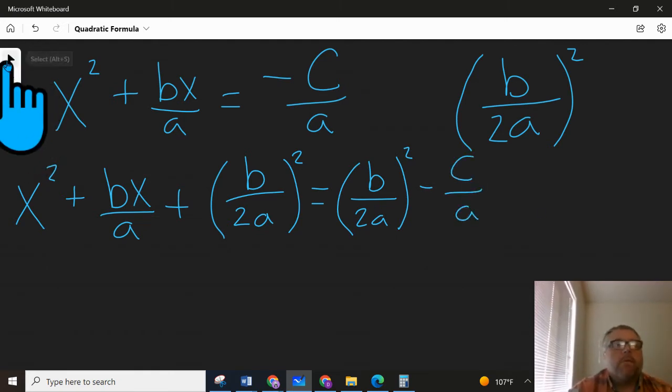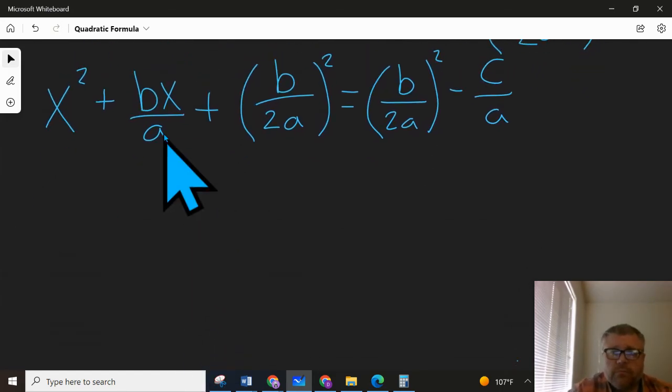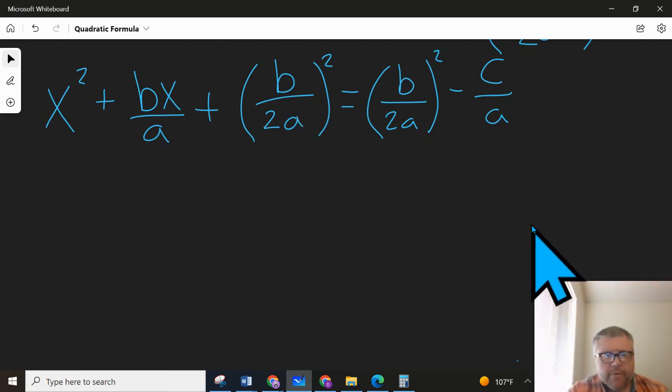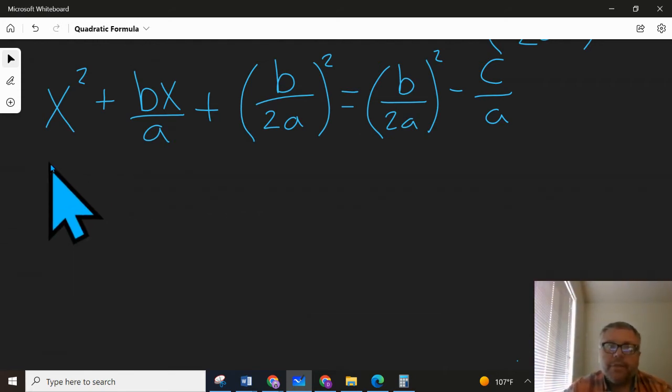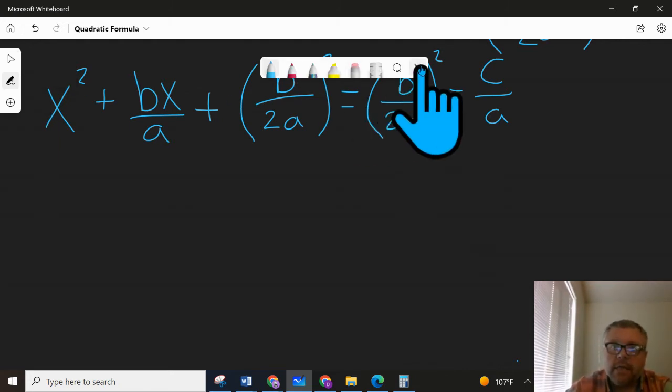Perfect. All right, cool. Now the left-hand side will factor. Anytime you're completing the square, the left-hand side at this point in the procedure will factor to be a perfect square trinomial. So our two binomials will look the same.